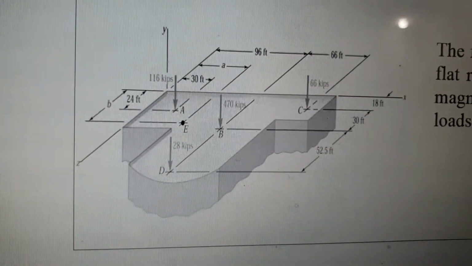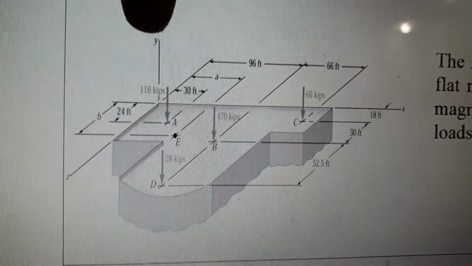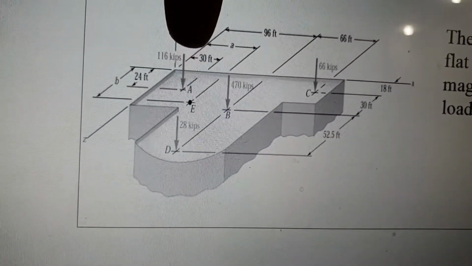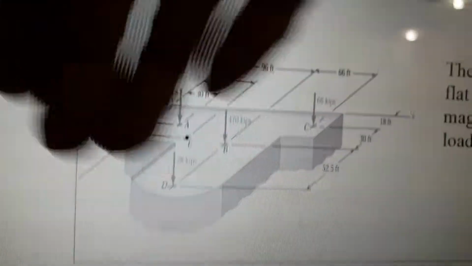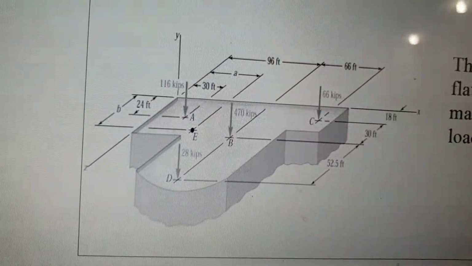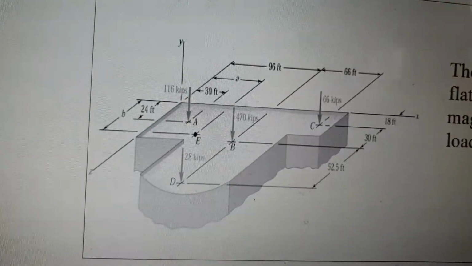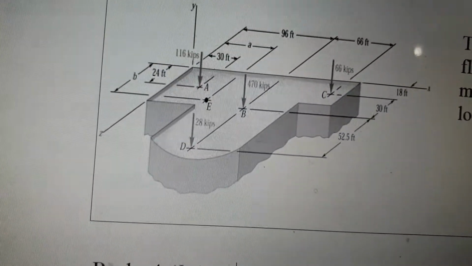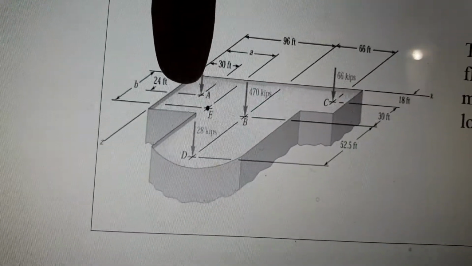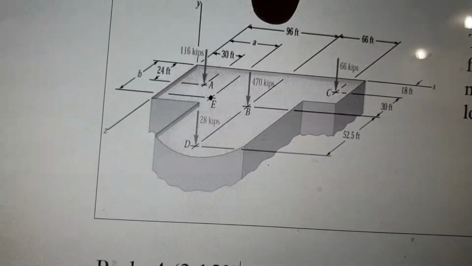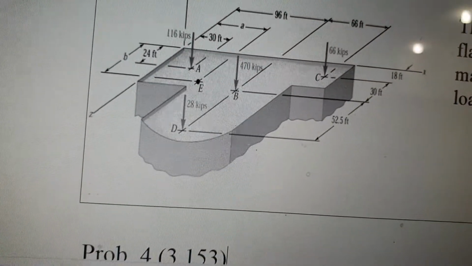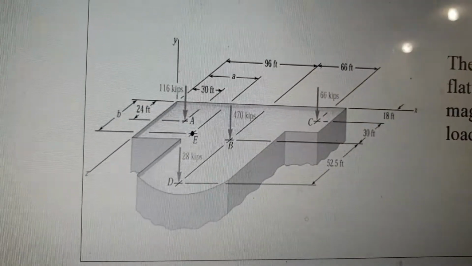Now, how could you find the resultant? You can see that all of them are going in the negative y. So, if you do summation of forces of all these forces, you're going to see summation of forces equal minus 116 kip J, minus 28 kip J, minus 470 kip J, and minus 66 kip J. So you do them like this.